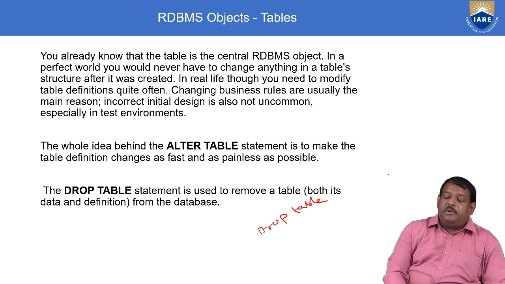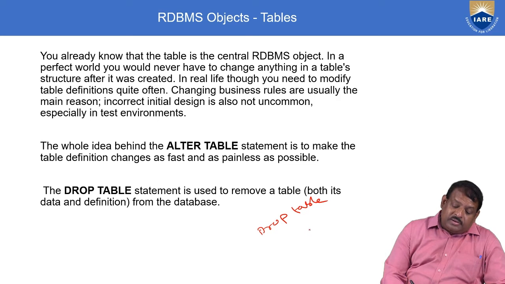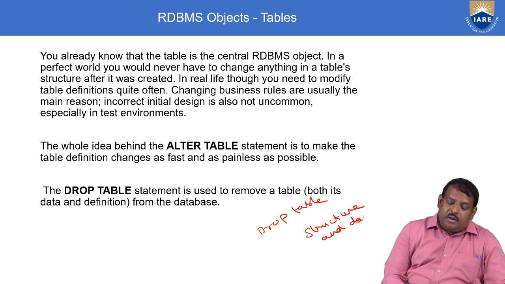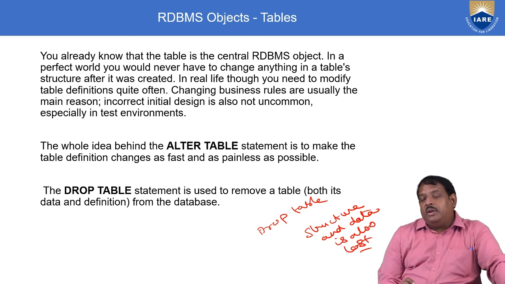When the table is dropped, you are going to lose the structure and the data also. So mind you, when you use a drop statement, you are going to lose the data as well as the structure.